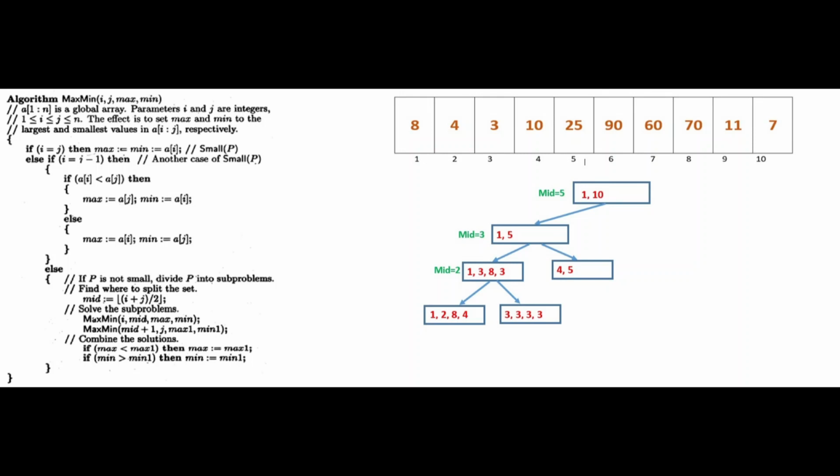So max equal to A of j, max equal to 25, min is equal to 10. Assign 25 to variable max and assign 10 to variable min.